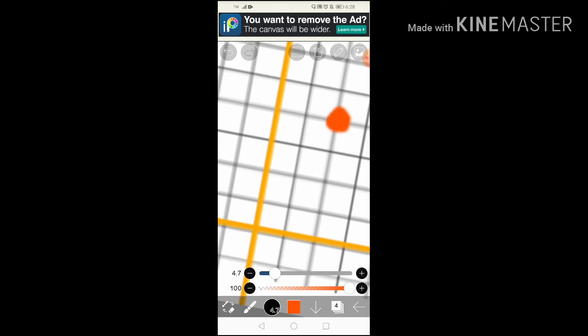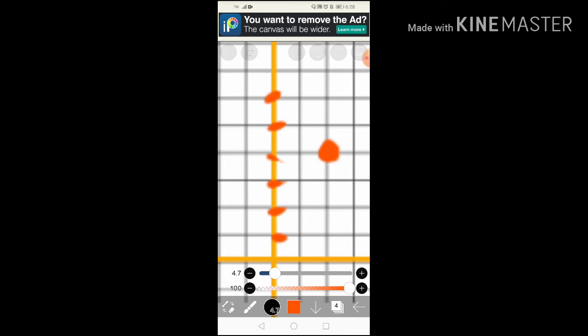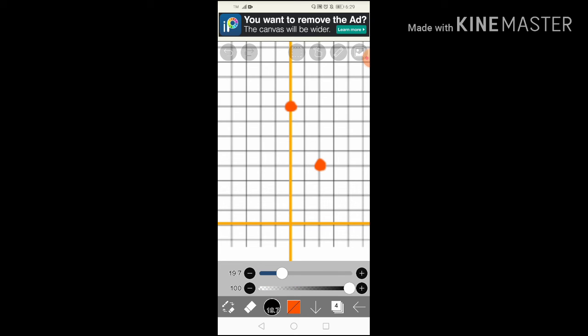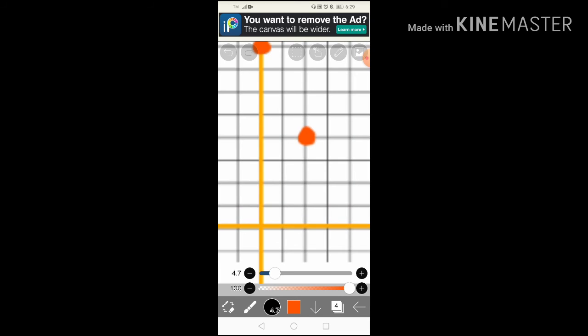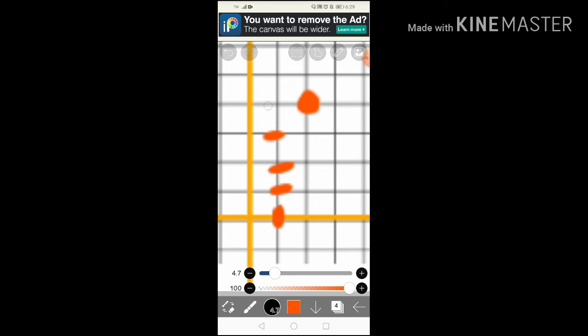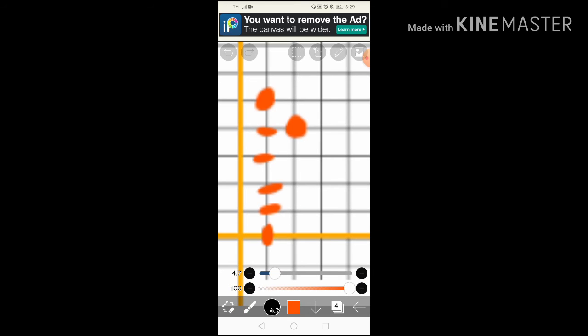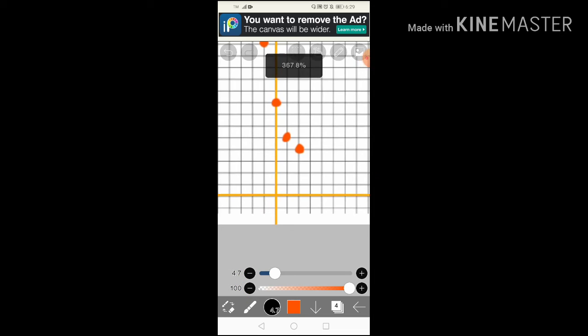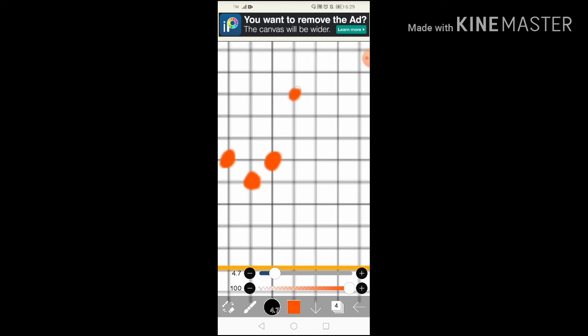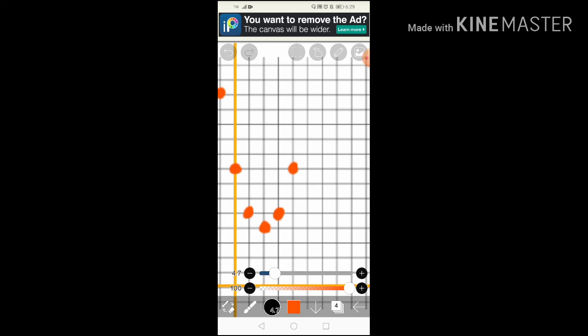So 0, 8 is going to be like 0, 1, 2, 3, 4, 5, 6, 7, 8. It's going to be here. And then 1, 5. So 1, 2, 3, 4, 5. Sorry. That's 1, 1, 2, 3, 4, 5. Right, so going to be right here. I always miss that part. Okay, so after that, 3, 5. So 3, then 5 up here. We get 4, 8. And then 5, 13. It's going to be right here.